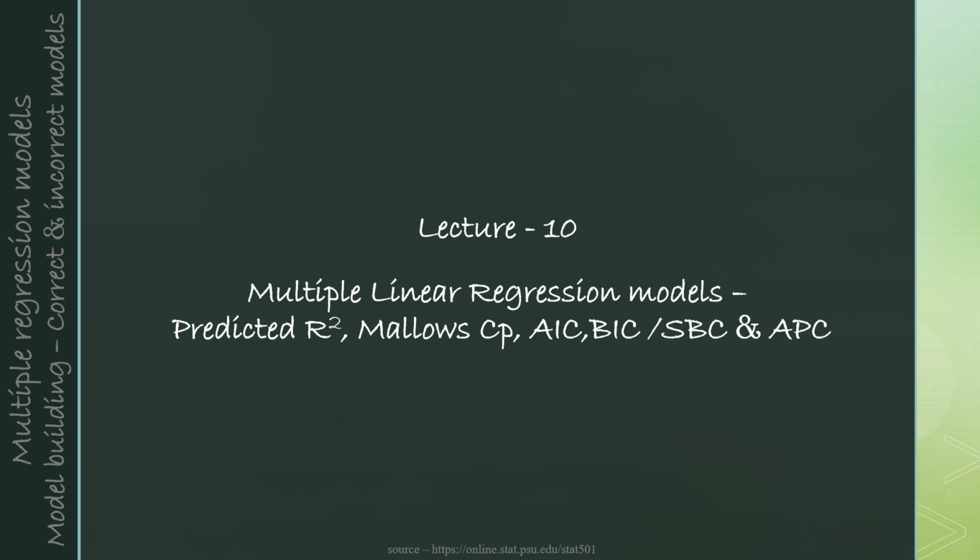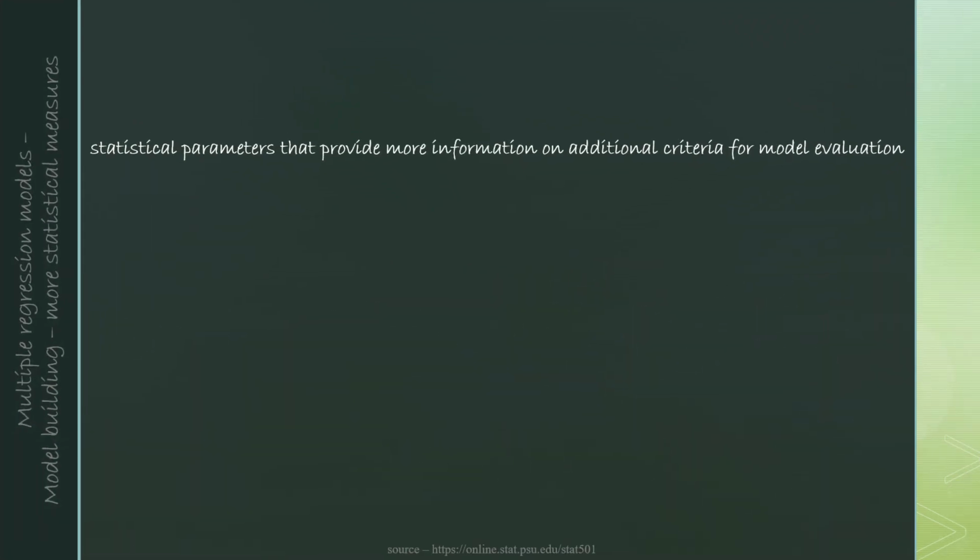Lecture 10. Multiple linear regression models, predicted R-square, Mallows Cp, AIC, BIC or SBC and APC. Before we get to understand the best subsets regression method, we need to understand a few more statistical parameters that provide more information on additional criteria for model evaluation.